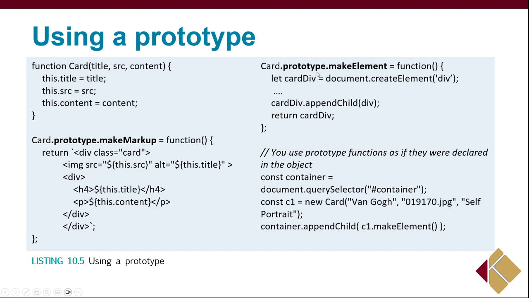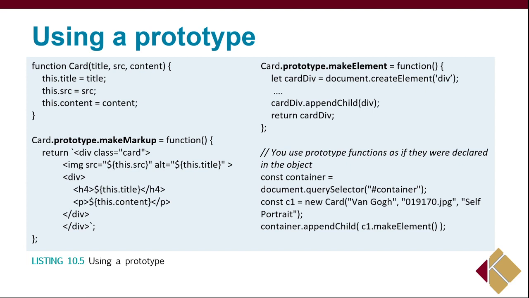And then we actually make the elements. So card.prototype.make element, again, pass it a function that is going to return a thing, right? Well, what is it going to return? Well, it's going to return card div. So let's look at card div. Let card div equal document.createElement div, it's creating your elements, divs.